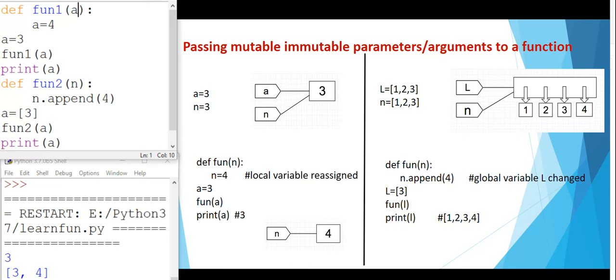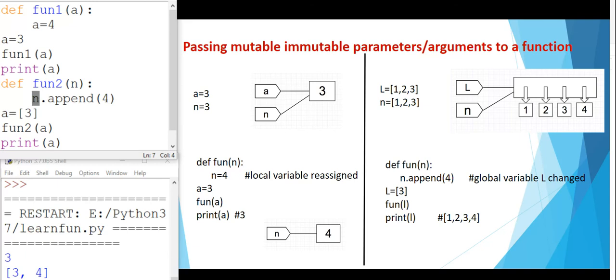On the other side, function 2 takes n, which over here is a list with only one element 3 in it. When I invoke the function by passing it a, the data type of a is a list. Within the body of the function, I write n dot append 4.